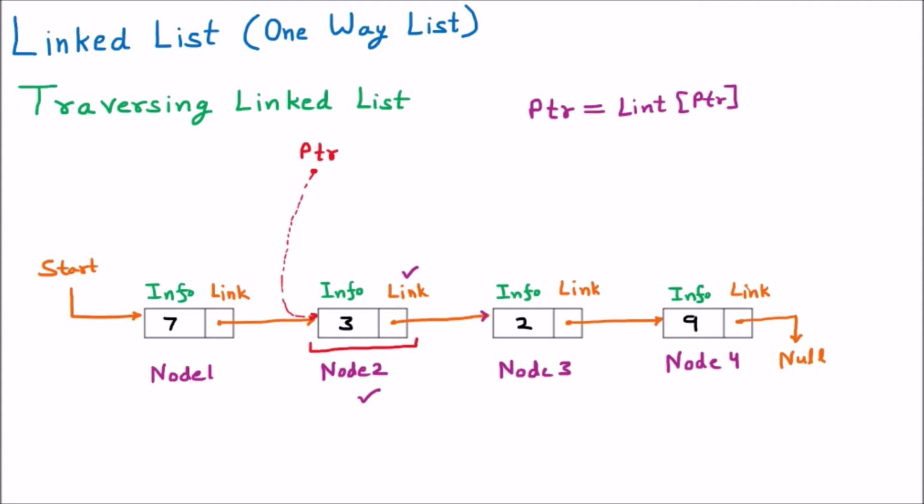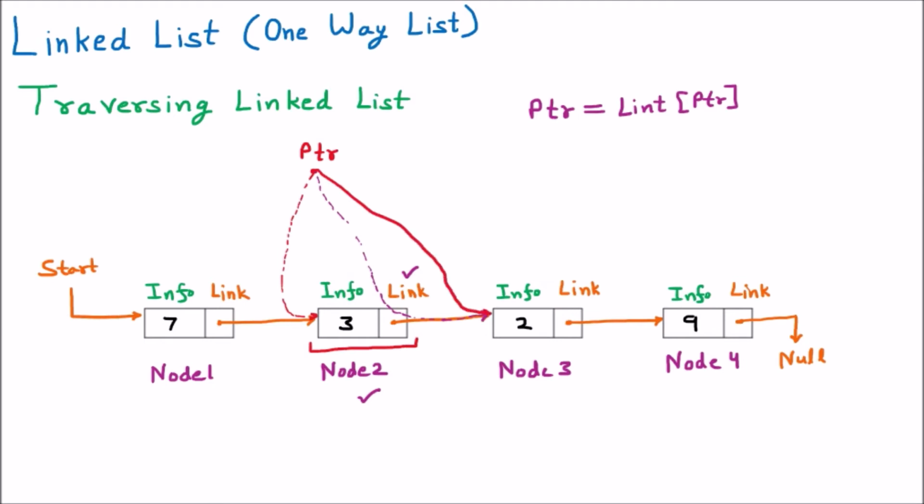Now understand this, we are saying PTR is equal to link of PTR. Now this PTR should point to the link of PTR. Where the link is going, this link of PTR is hypothetically going to the address of node 3. So actually where is this PTR pointing now? We can say that this PTR is now pointing to the address of node 3.